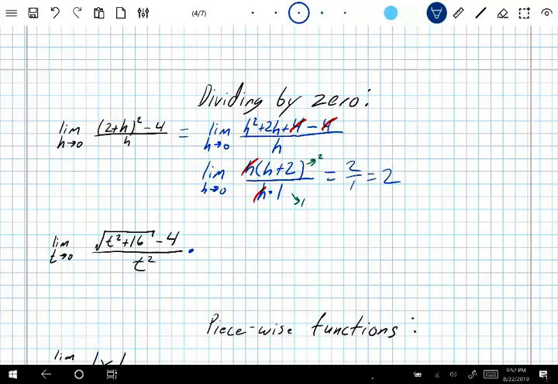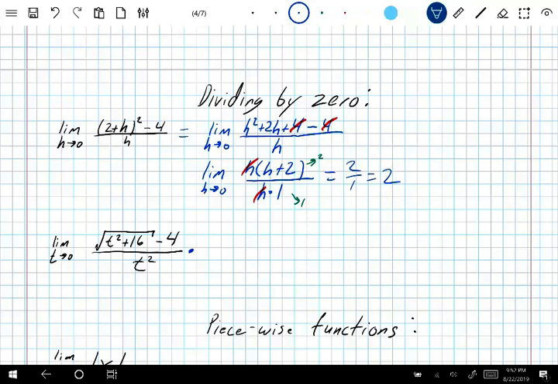If I try to plug a 0 in, I get square root of 16 is a 4, minus 4 is a 0 on top, and I get 0 squared is a 0 on bottom. 0 over 0 is exactly what we would have gotten on this top one if we plugged in, and that is telling you there's a good chance that you can cancel something out, right? If it's a 0 on bottom and a number like 5 on top, it's probably an asymptote, right? But 0 over 0 says maybe I can cancel something out. That's your big, hey, let's get some work done.